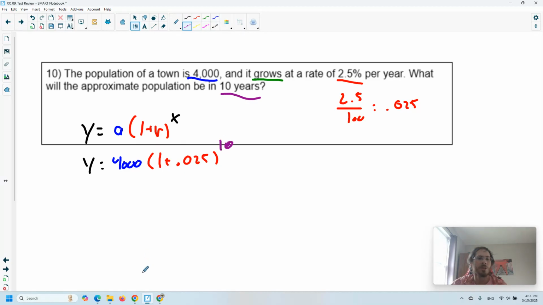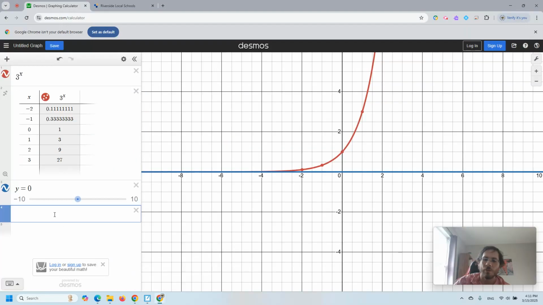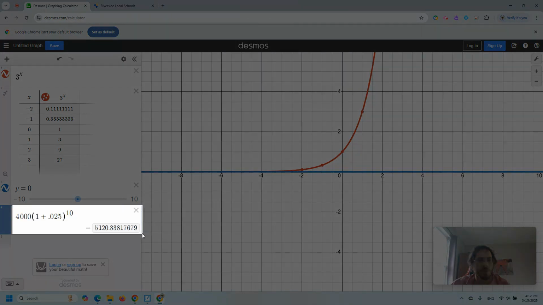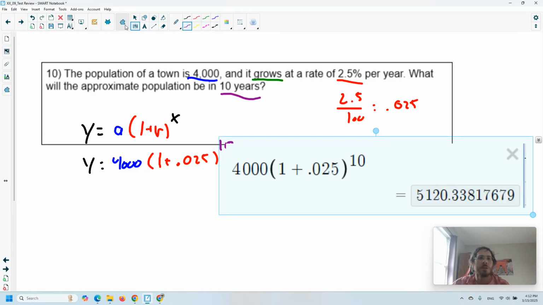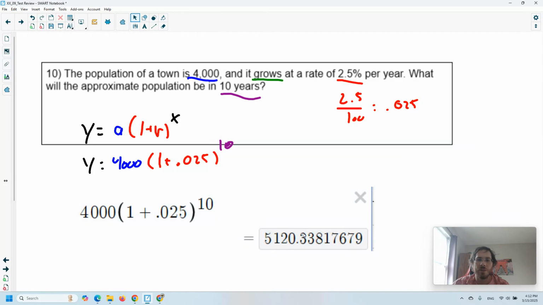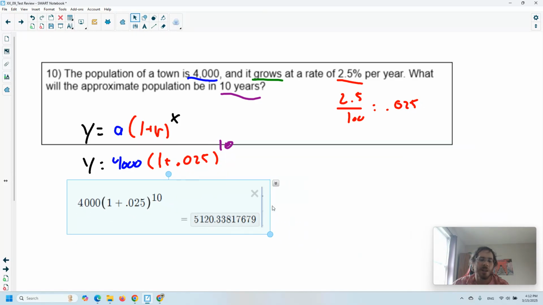Now at this point, we're just going to throw this in the calculator. So we get 4,000 times 1 plus 0.025 to the power of 10. All right, so that's what we got. So we get an answer, and it's got a lot of decimals, so we want to think about what this means in the context of the problem.